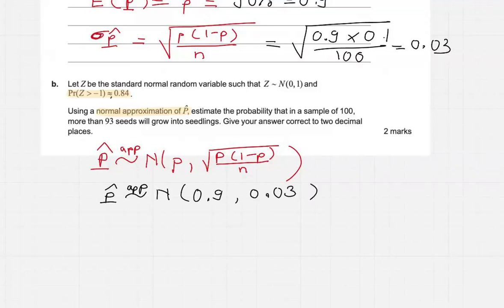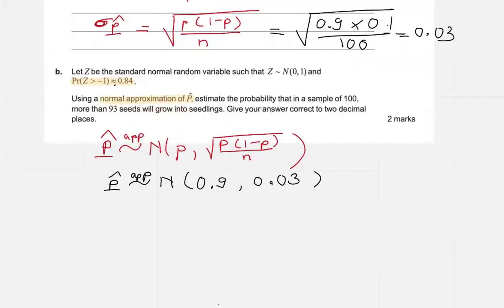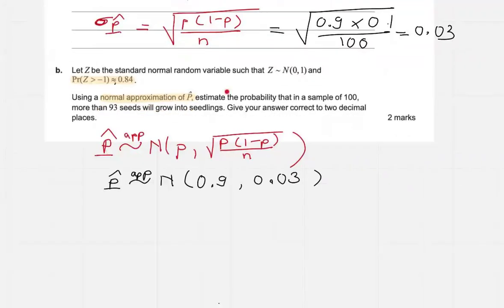Then what does the question want? We need to estimate the probability that in a sample of 100, more than 93 seeds will grow into seedlings. So what does it mean?